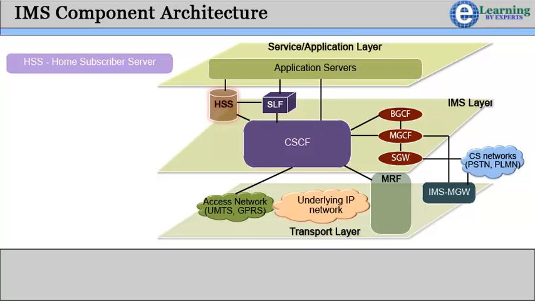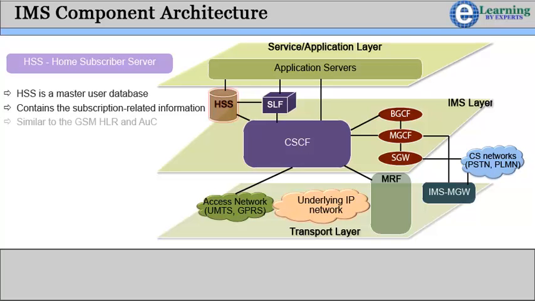The Home Subscriber Server, HSS, is a master user database that supports the IMS network entities that actually handle calls. It contains the subscription-related information, performs authentication and authorization of the user, and can provide information about the subscriber's location and IP information.